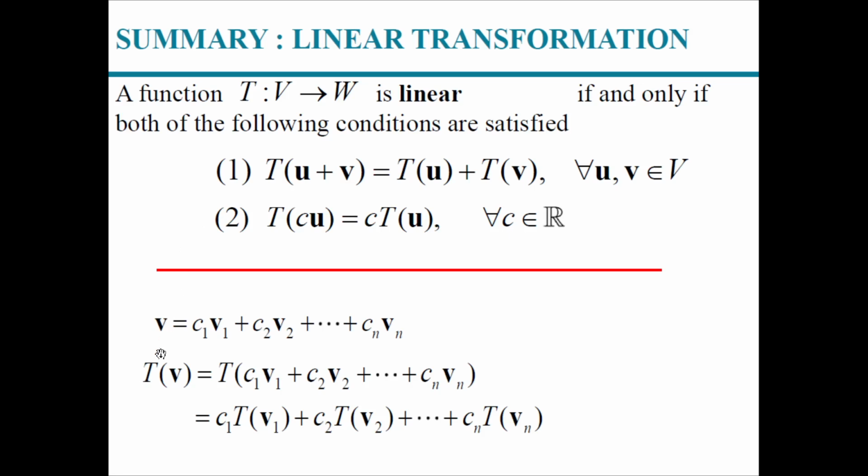As a consequence, if you write some vector v as a linear combination of basis vectors, then the image of v under a linear transformation is given by this linear combination here of images of basis vectors. So that's very important to remember. Also, it is important to remember that T of 0 is also 0. So 0 is mapped to 0 by any linear transformation. Those are the only things that we need to remember for now, the definition and this cute property.